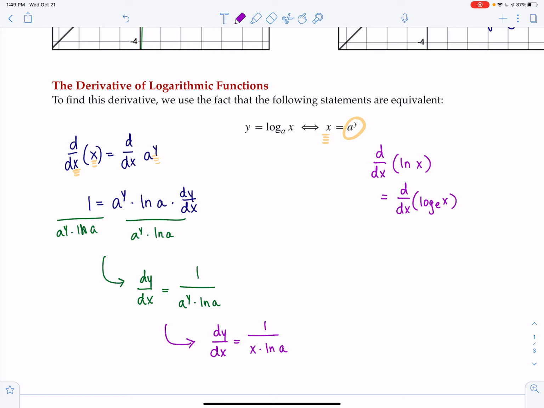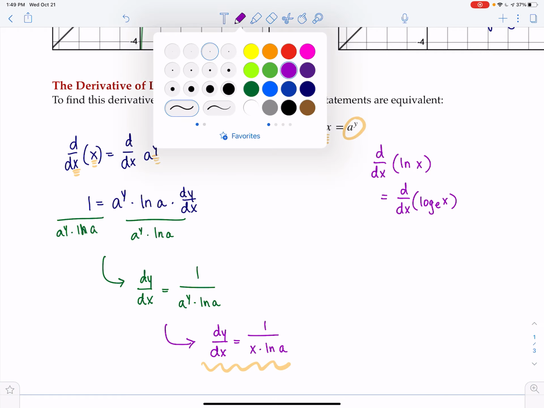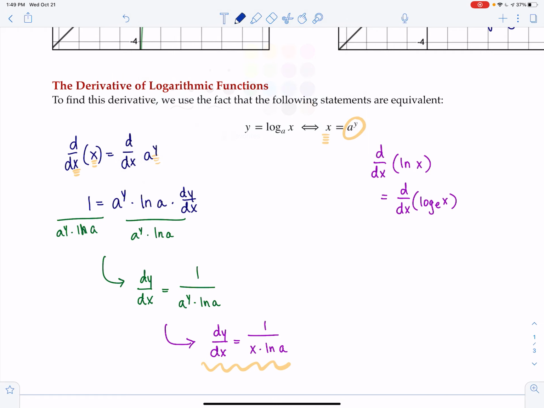Now we are going to apply our new derivative rule to that to see if anything different happens when we use that special base of e. Using our new rule, 1 over x times the natural log of that base, which is e. But wait a second.